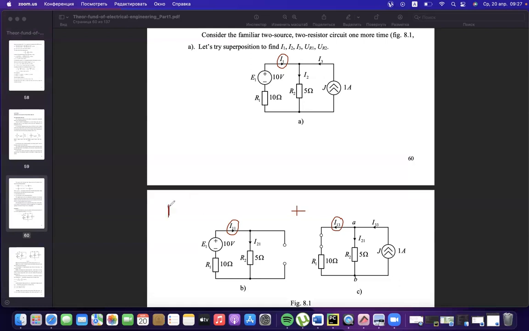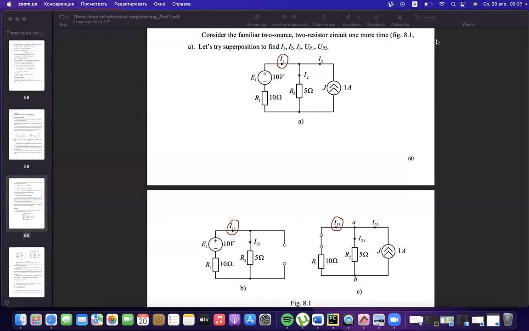Just one notification: we have to look at the direction and add, taking the direction into account.